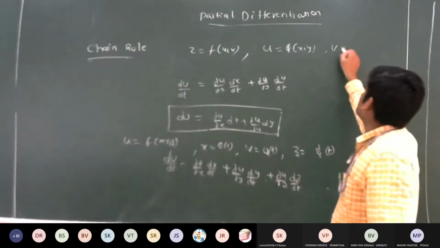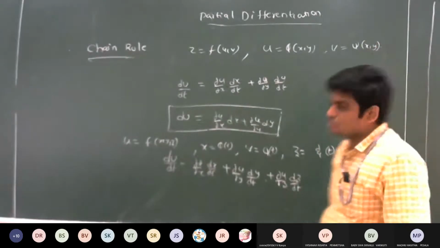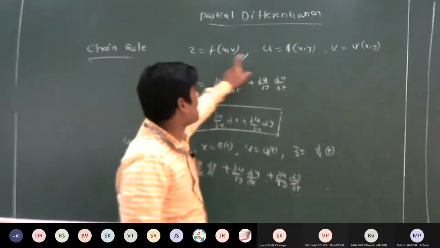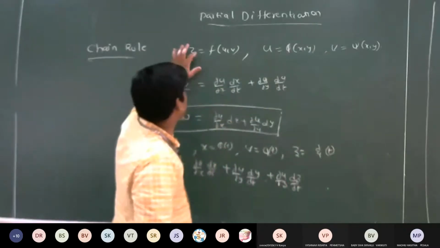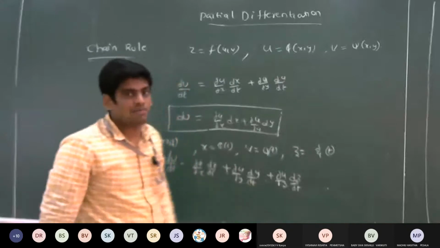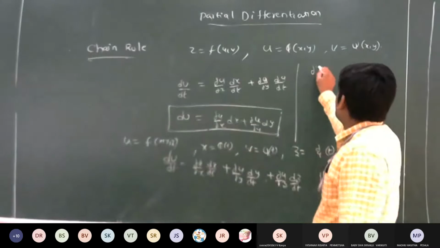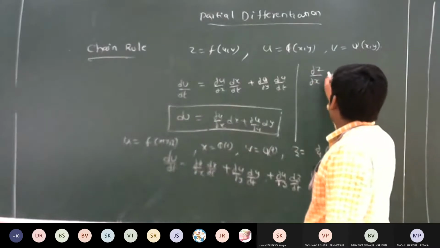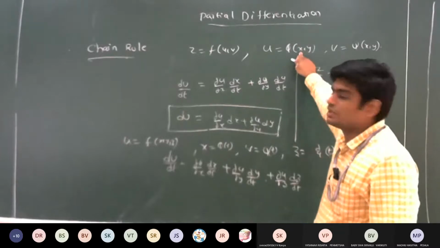Next, v is a function psi of x comma y. So observe that here z is a function of two variables and u, v are functions of two variables. So that means indirectly z is a function of x comma y, right? So the partial differentiation of z with respect to x is defined as follows; with respect to these variables we have to find the differentiation.